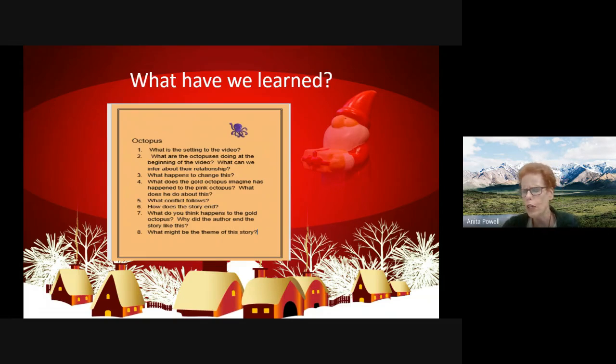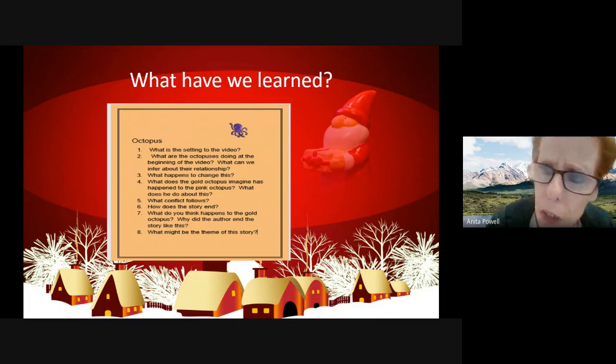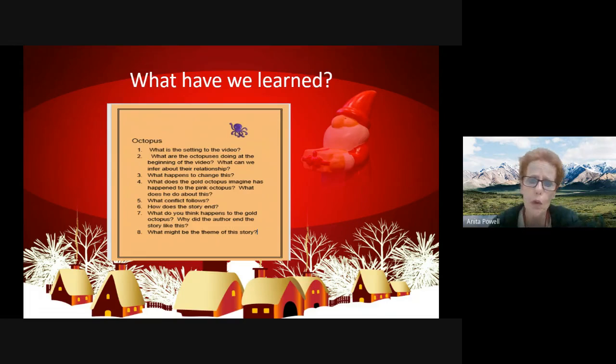How does this story end? Well, we see the two octopuses on the kind of telephone poles, and oh no, a seagull comes and grabs the gold octopus. What do you think happens to the gold octopus? Well, I can imagine that the gold octopus is rescued by the pink octopus.